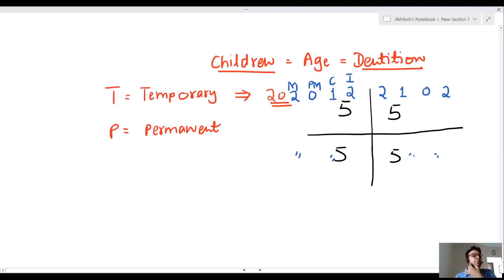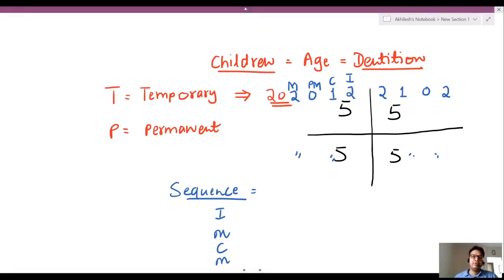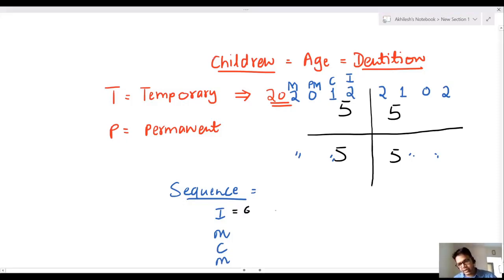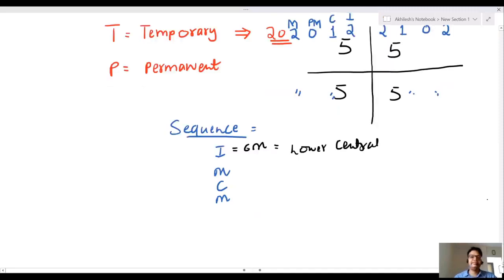Now what is the sequence of eruption of these 2102? A very simple trick is IMCM. First come incisor. At the age of 6 months in child, we have lower central incisor.